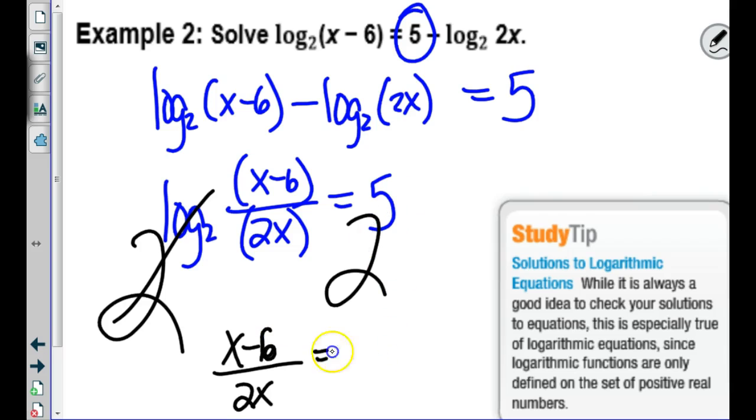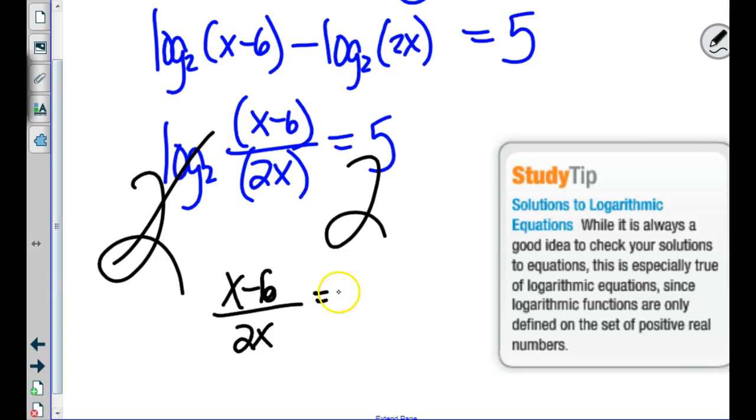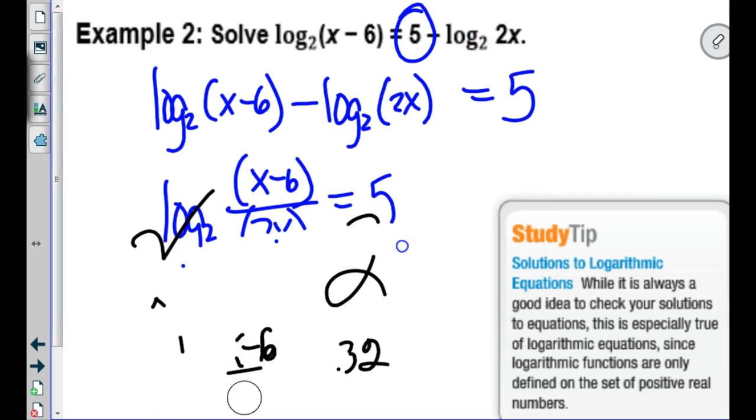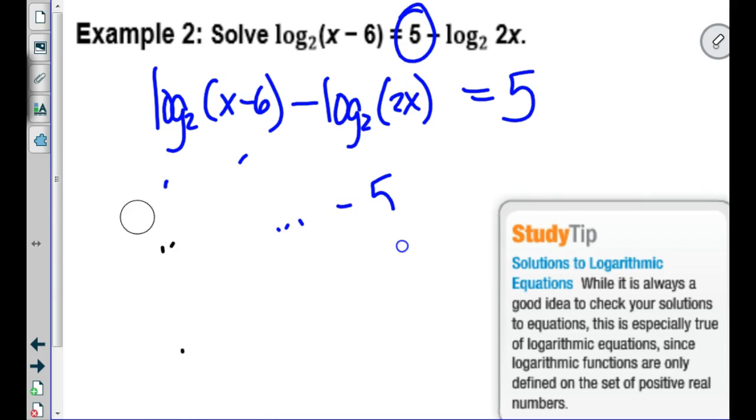Anybody tell me what 2 to the 5th is? Okay, now what? To get rid of the minus, you would add, and what does it mean when it says add?